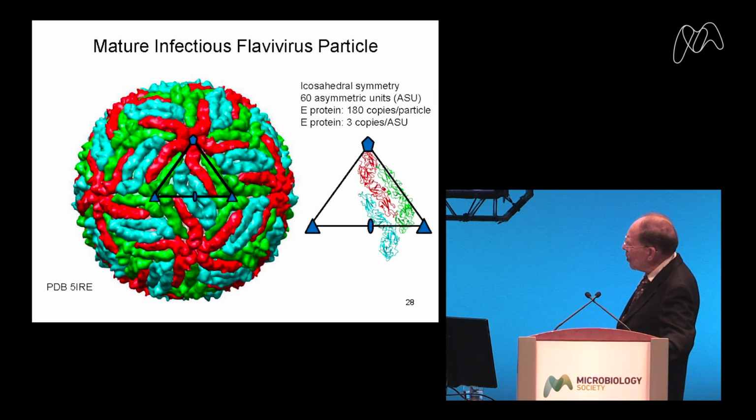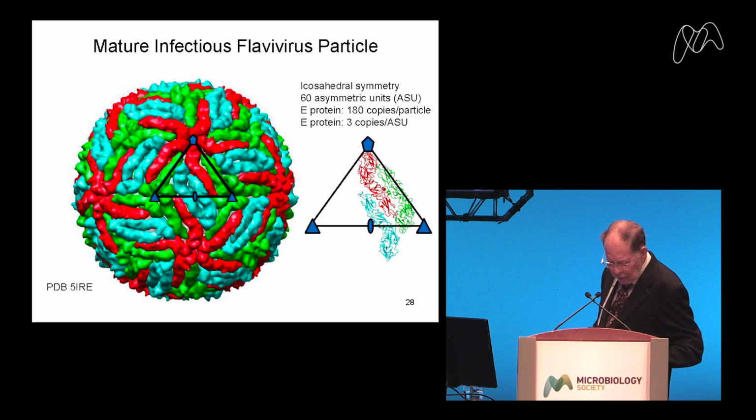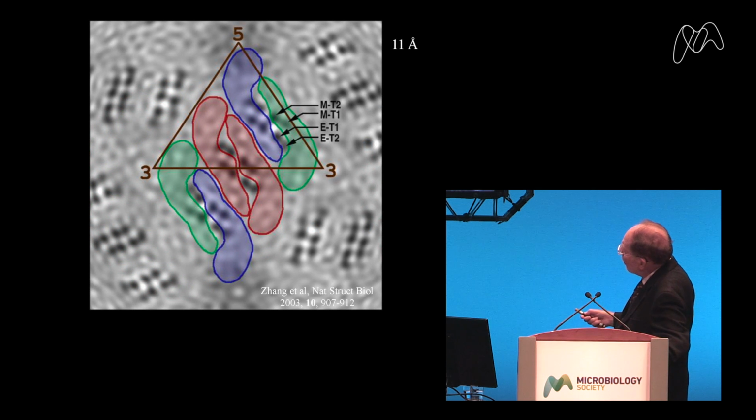Now, going back to the structure, this is the electron density at the level of the membrane, and the black part is again high density, and this is where the transmembrane helices are. We are able to interpret that. We take that part and enlarge it. And now we see that it's superimposed here. This is a triangle, again the icosahedral asymmetric unit.